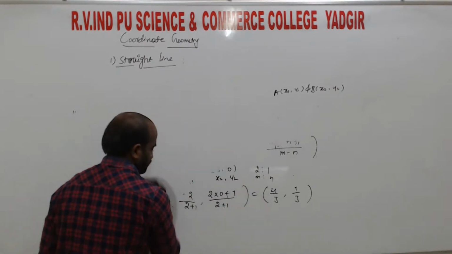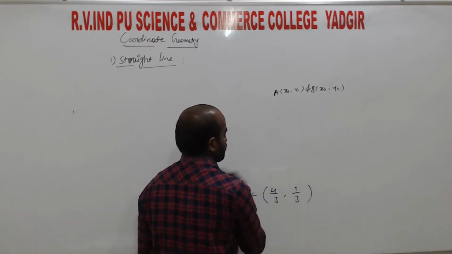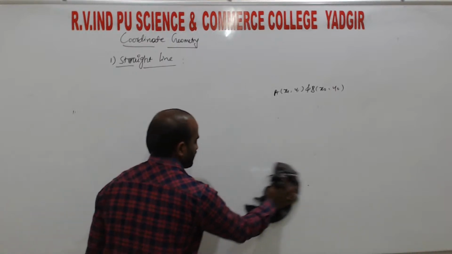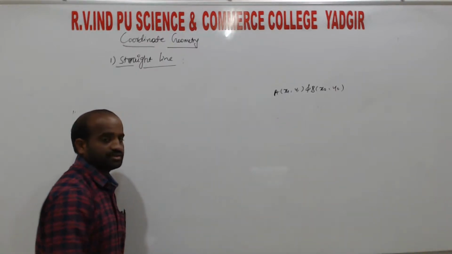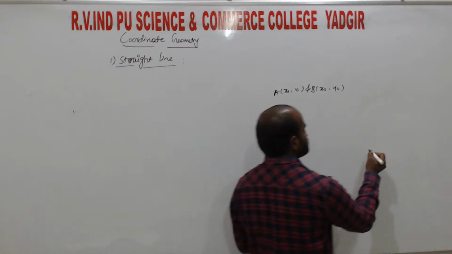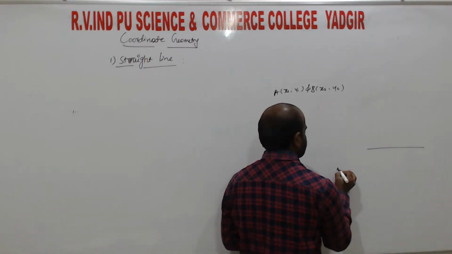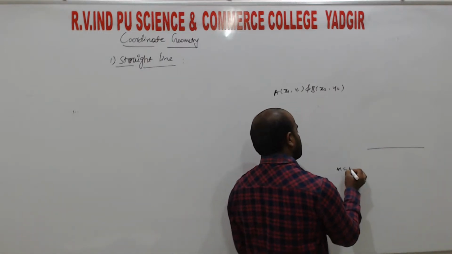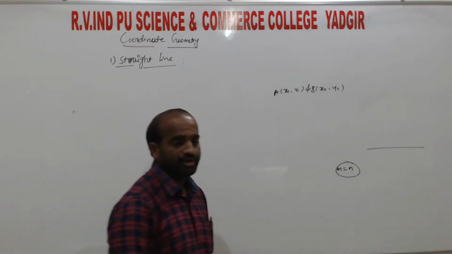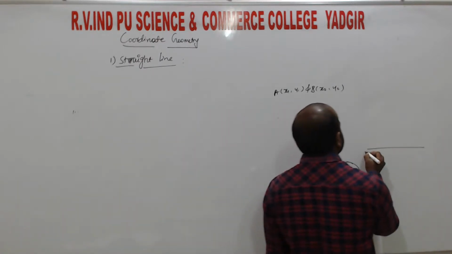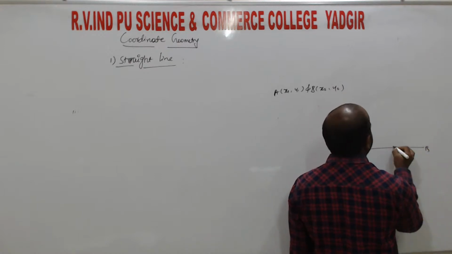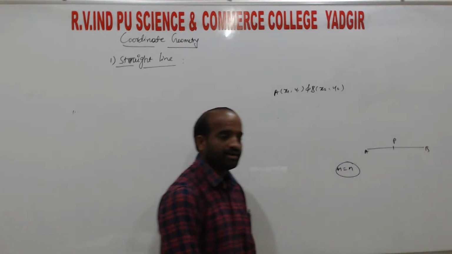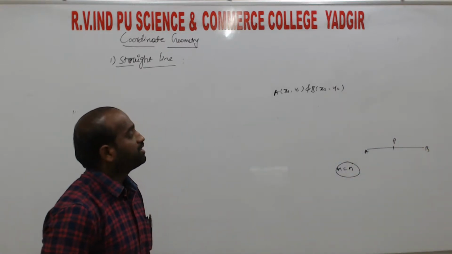Now we have to find the midpoint formula. Midpoint of the line joining the points. The ratios are the same, using the section formula, when m is equal to n, you get the midpoint. This one is point A, point B, P of X comma Y. P is what?